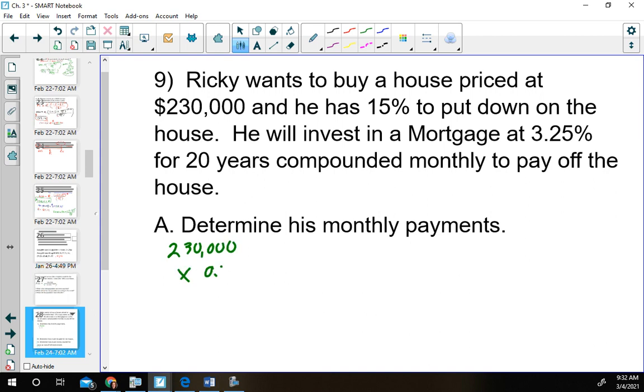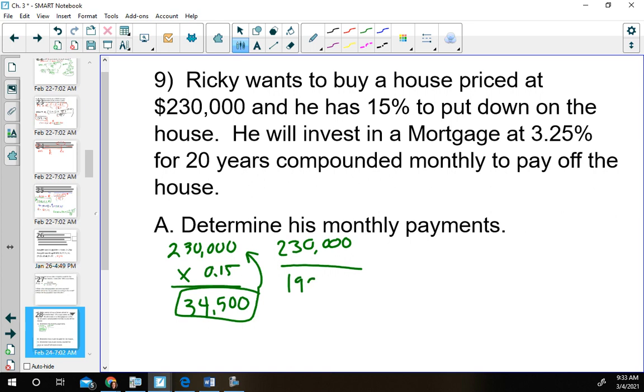Got to take off my 15% down payment that I put on it, which is 34,500. So this is what I got to take off now because I put that amount down. So I don't actually have the loan for that $230,000. Okay, so 195,500. So that's what I'm building my loan off of.